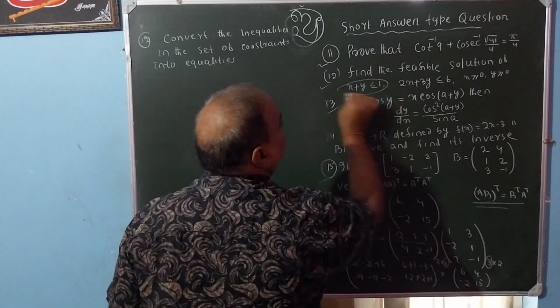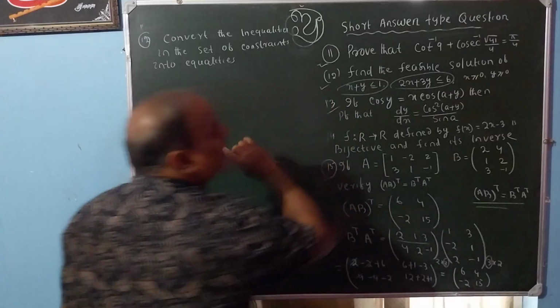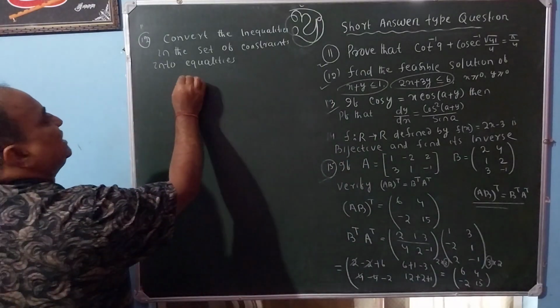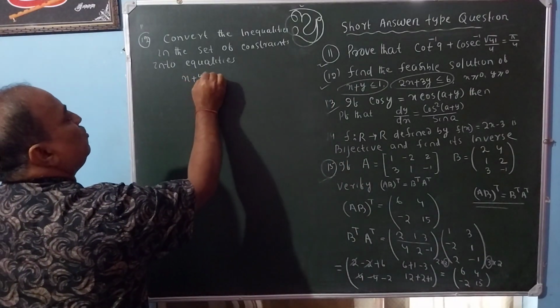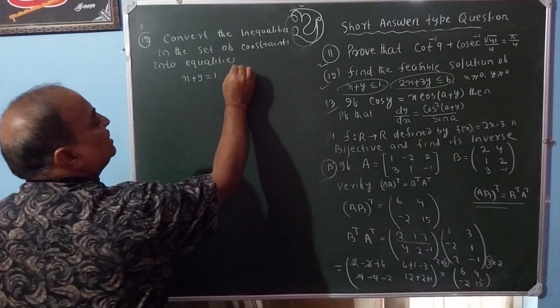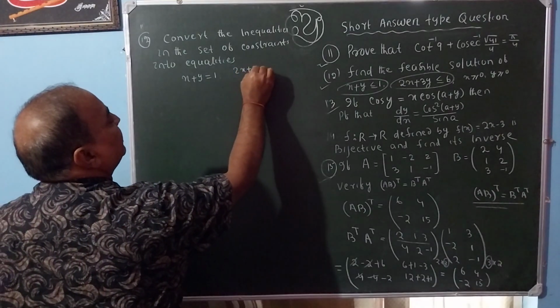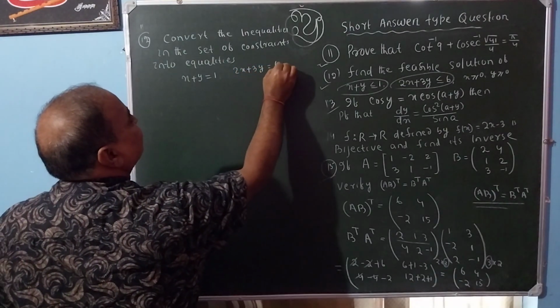Here one inequality becomes an equality, and the other inequality also becomes an equality. So x plus y is equal to 1, and the other is 2x plus 3y is equal to 6.